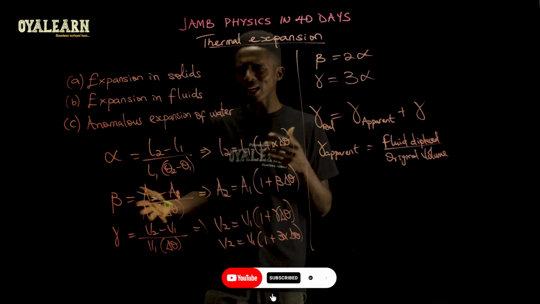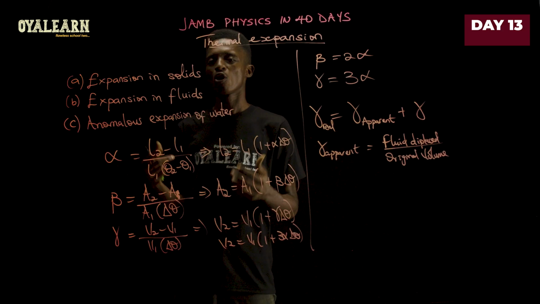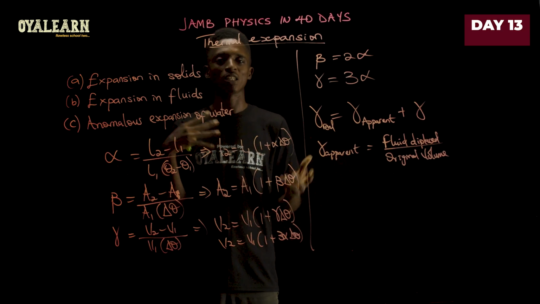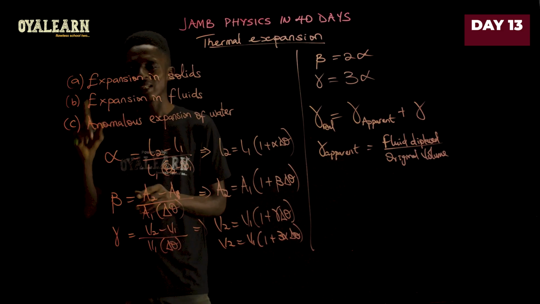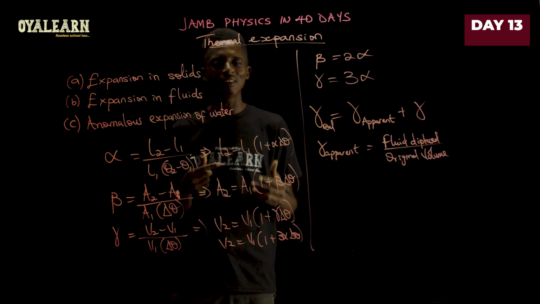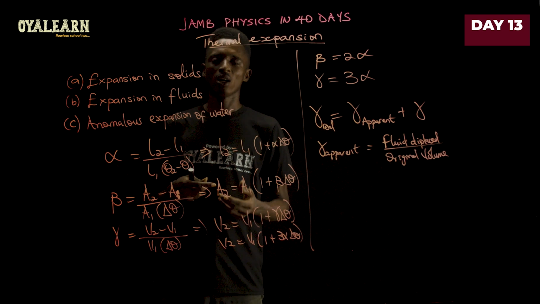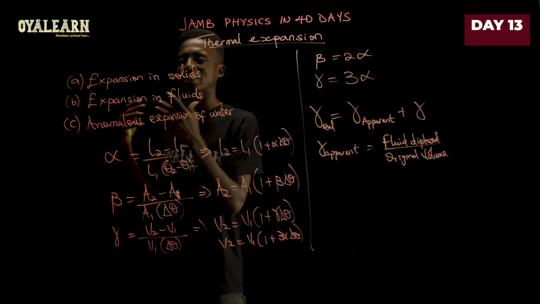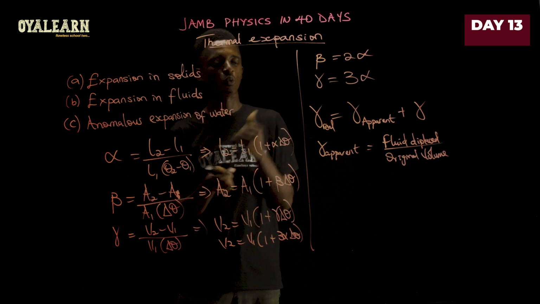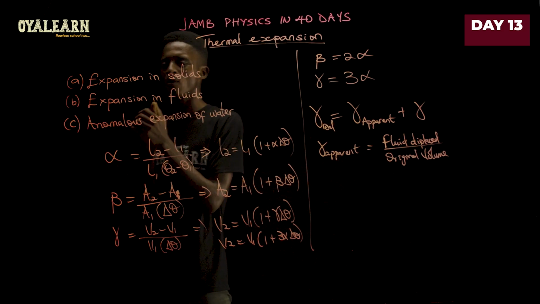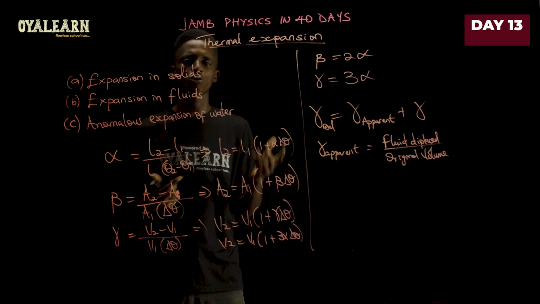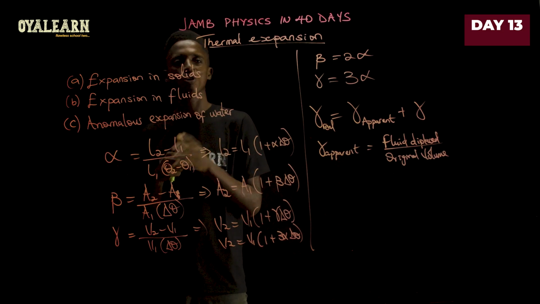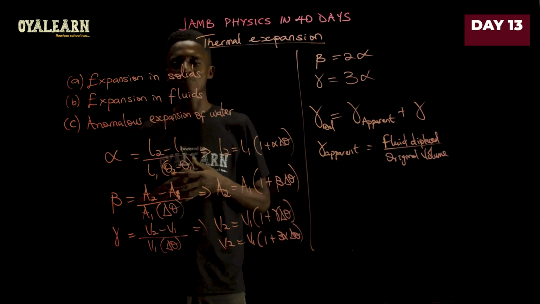So you see, it's actually an advantage, and at the same time, it can cause some chaos when you're trying to do some calculations like that. So it's always important to bear in mind that water behaves in a different way, or as it is said in physics, in an anomalous way. So these are the things that are expected of you as you're preparing for the exams. So let's put all of these to work as we solve some past questions on thermal expansion.